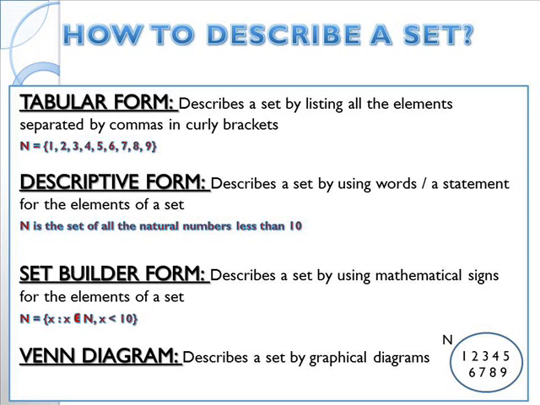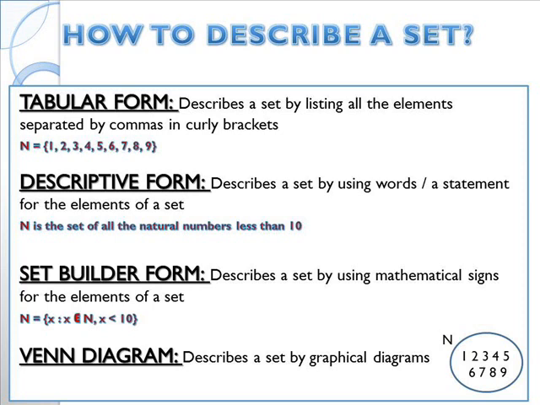Now let us describe a set in all the above mentioned ways. Well, if N is a set of natural numbers less than 10, then in tabular form we will simply list all the elements of the set separated by commas in curly brackets. That is, we will write N = {1, 2, 3, 4, 5, 6, 7, 8, 9}.